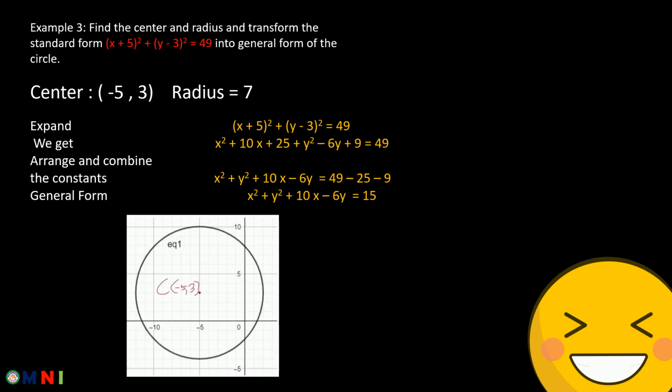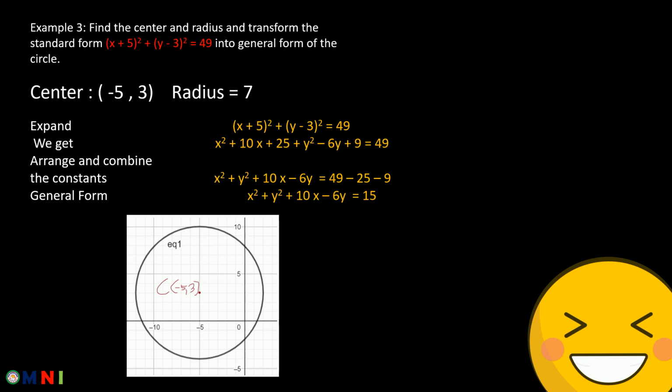So we have here the graph of this general form of the circle. We get here the center, which is negative 5 and then 3. So this is the center, and then we can find that the radius is the square root of 15.